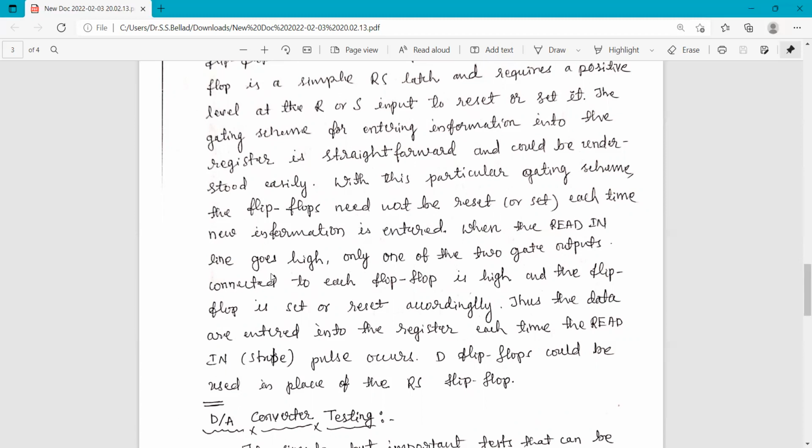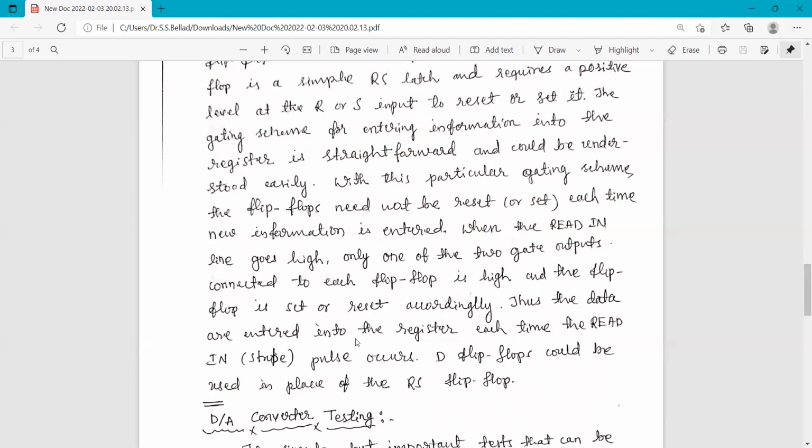When the reading line goes high, only one of the two gate outputs connected to each flip-flop is high, and the flip-flop is set or reset accordingly. So as I explained, when the digital information is given to all the logical gates, only one of the gates gives the output. That is given to the RS flip-flop.